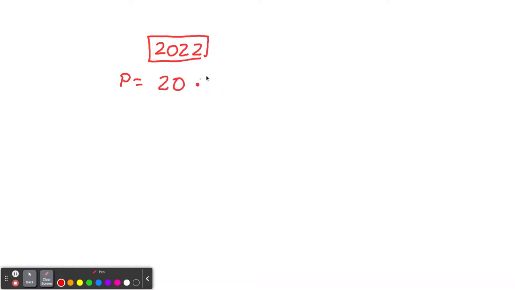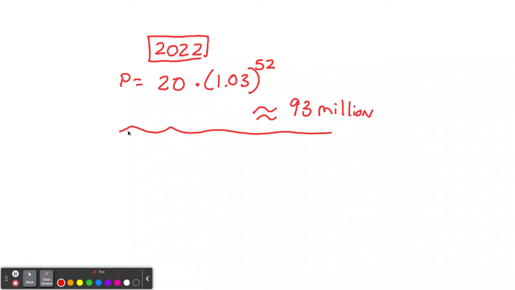The growth rate is the same, 1.03. But from 1970 to 2022 would be 52 years. So see how we're working this out? Again, that'll be approximately 93 million people if the growth rate stayed the same. All right, let's move on.